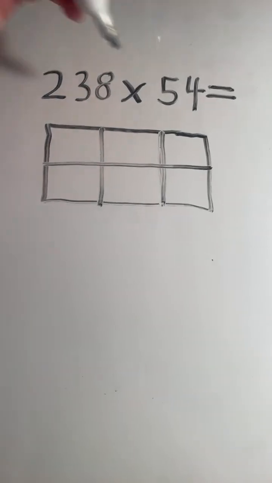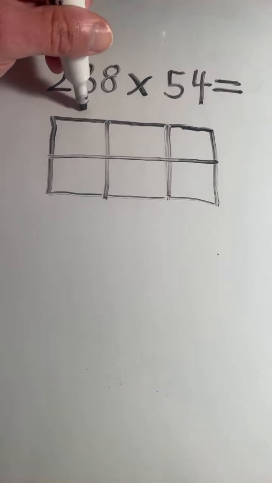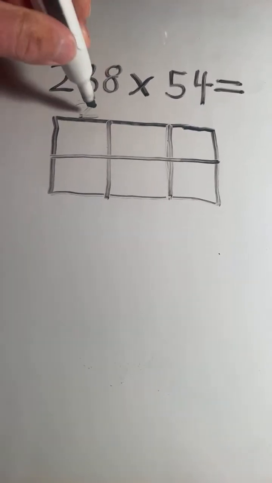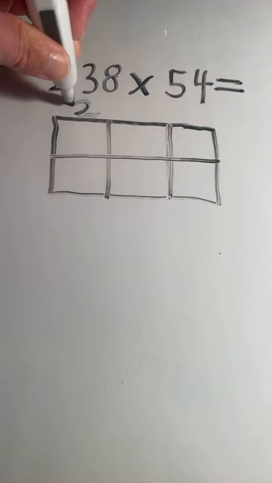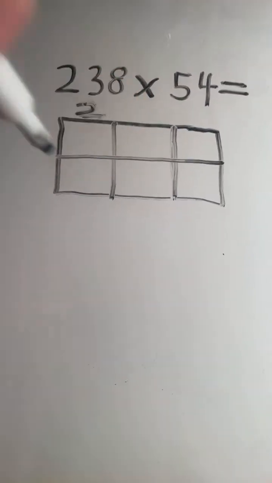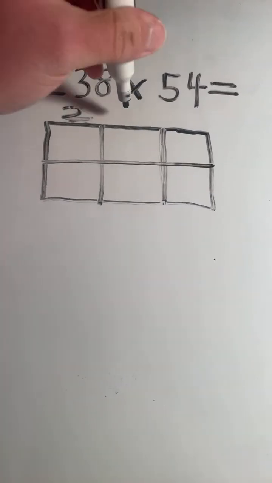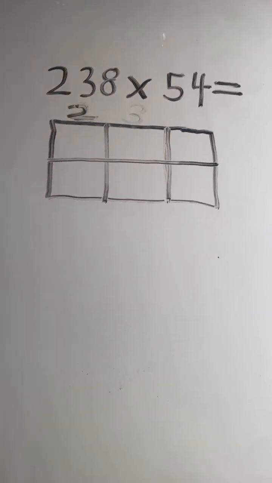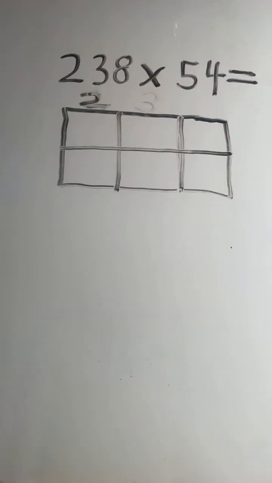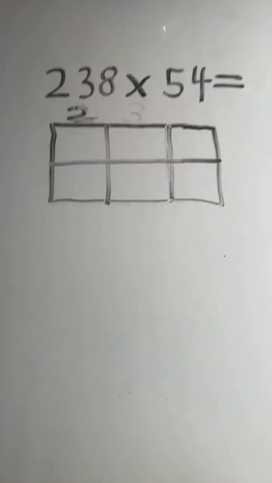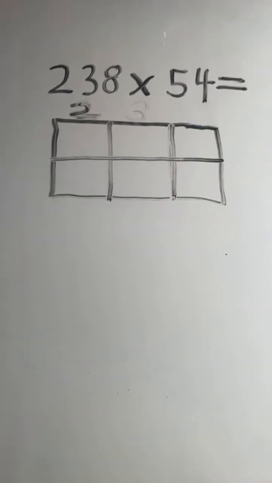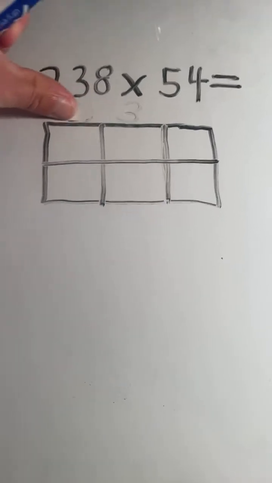So we have a box for each digit along the top, 238. So we have 2. Looks like this marker is also running its course. All right, let me go back to the old marker.